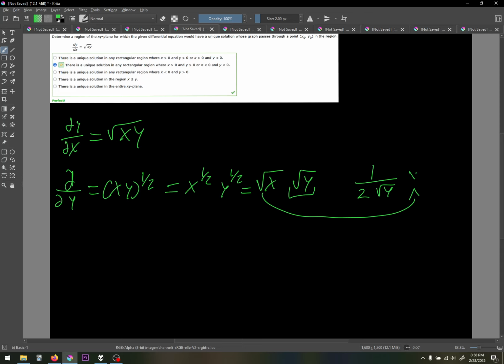So this is going to be the square root of x here, which means that the partial derivative with respect to y of this function here becomes square root x over 2 square root y. I don't know if that's the proper notation of that, but that's what it equals right here.